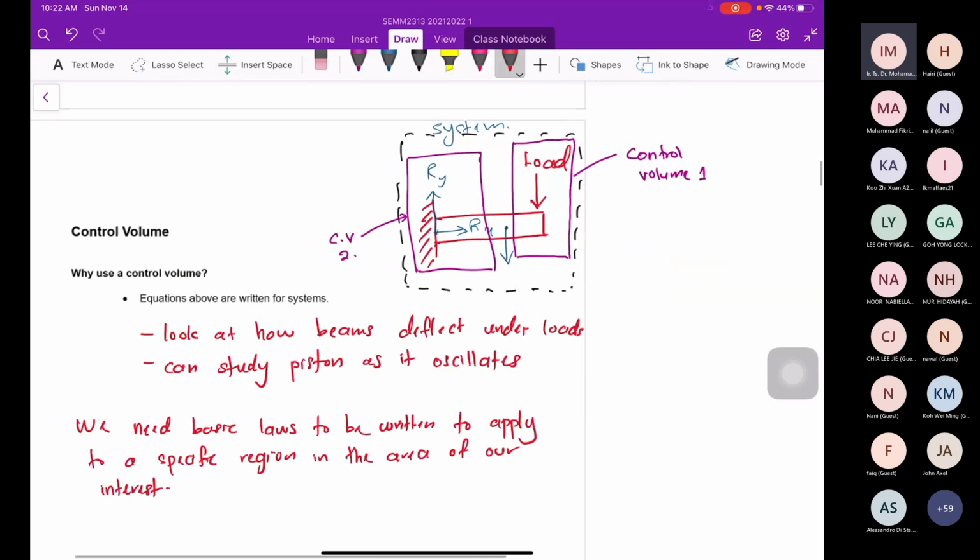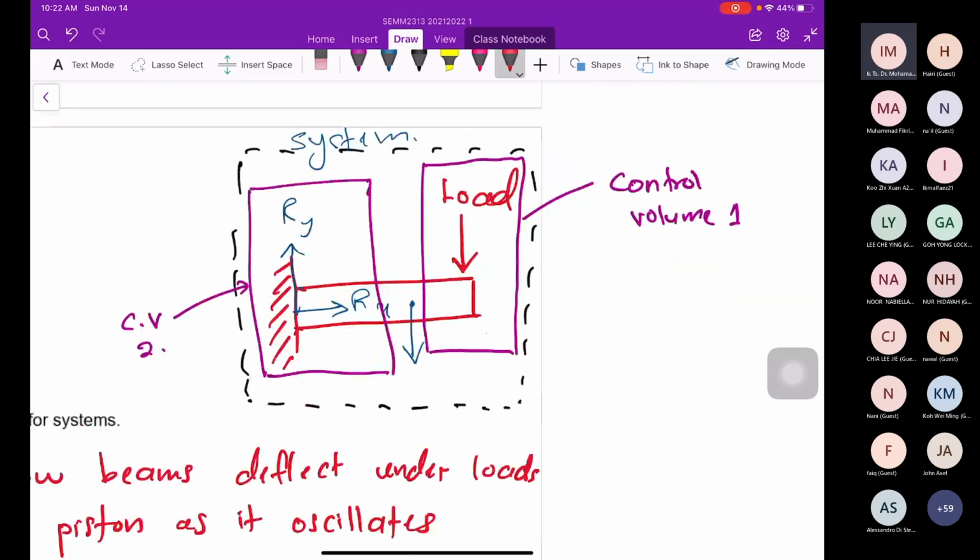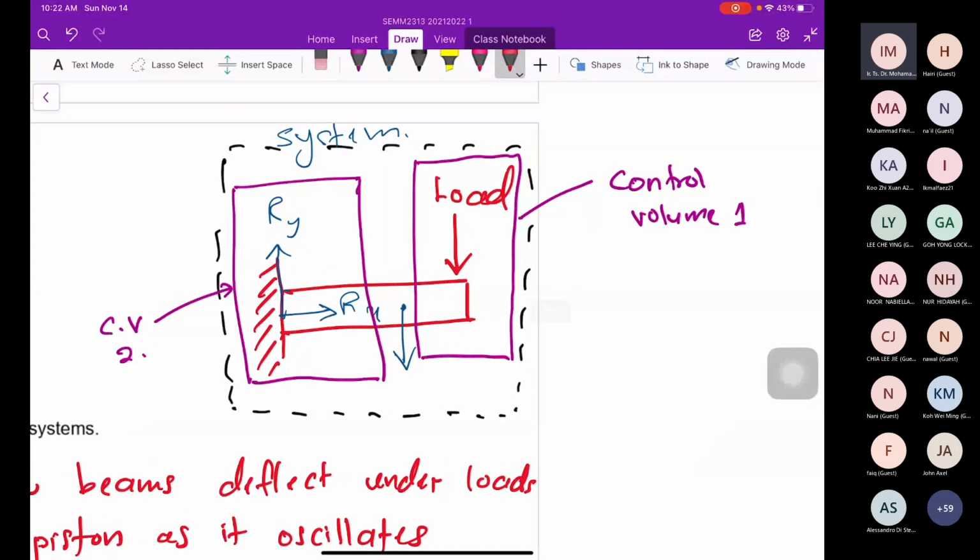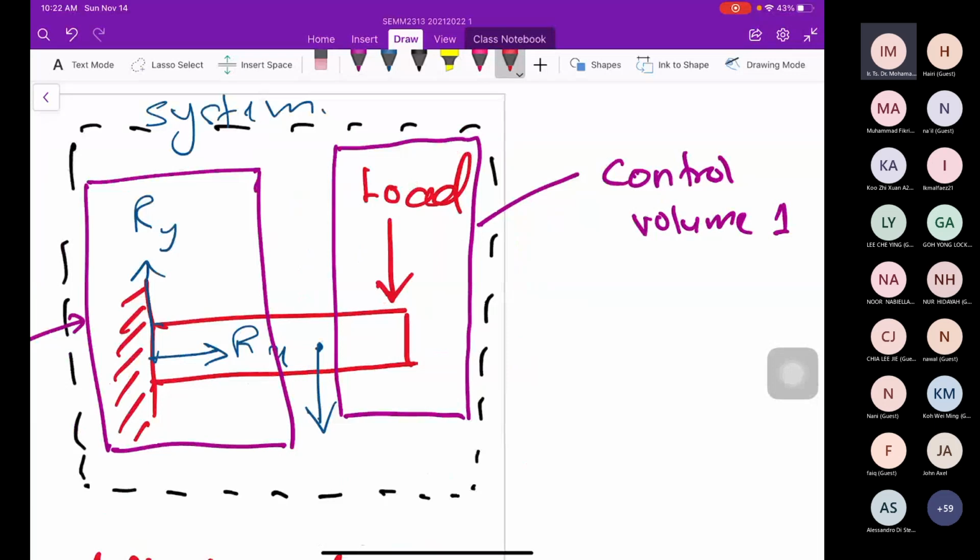For example, I am interested to know the load in here, so I can segregate based on the area and assign it as control volume 1. So within the control volume, I only analyze the area. That means the control volume will never change. We will never change the area; the region will be fixed there.